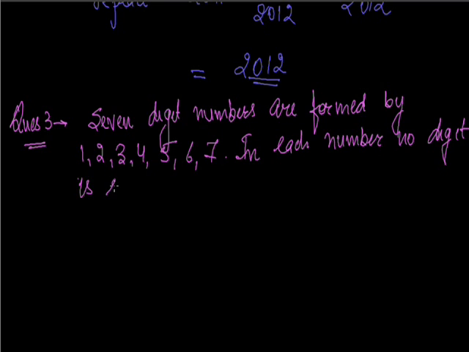What the question says is that when we write the 7-digit number, we don't have to repeat any digit.